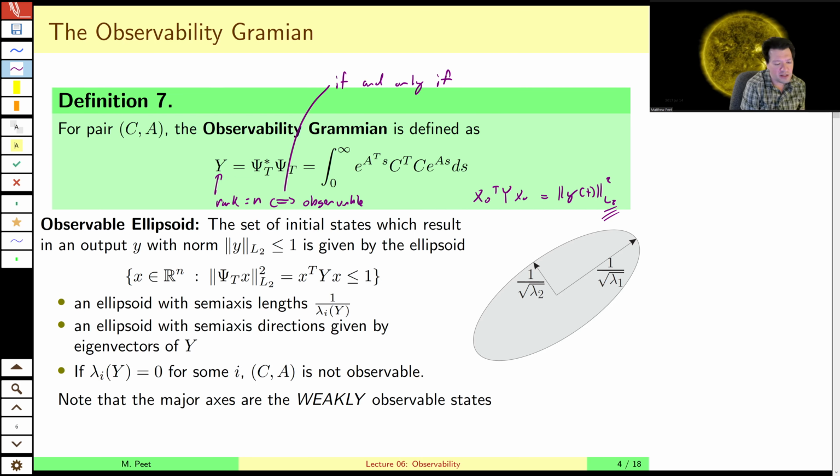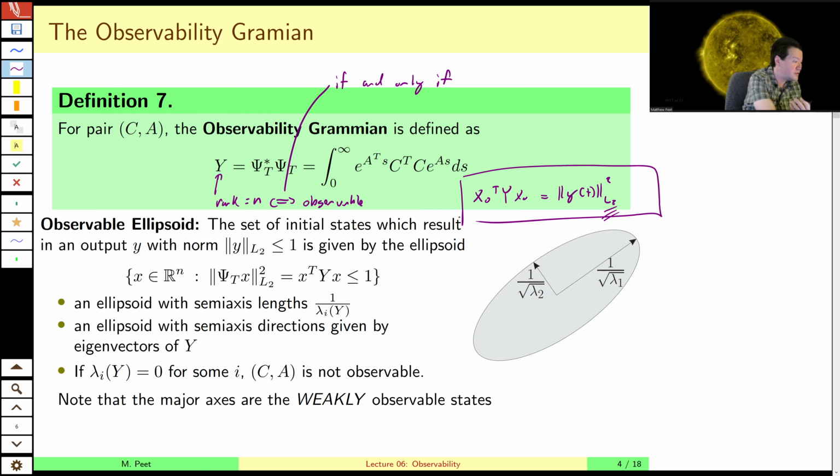And then, again, as with the controllability, there are a couple ways of interpreting this matrix. As I pointed out in this little blurb here, in some ways the interpretation of the observability Grammian is a little bit more direct than the interpretation of the controllability Grammian.